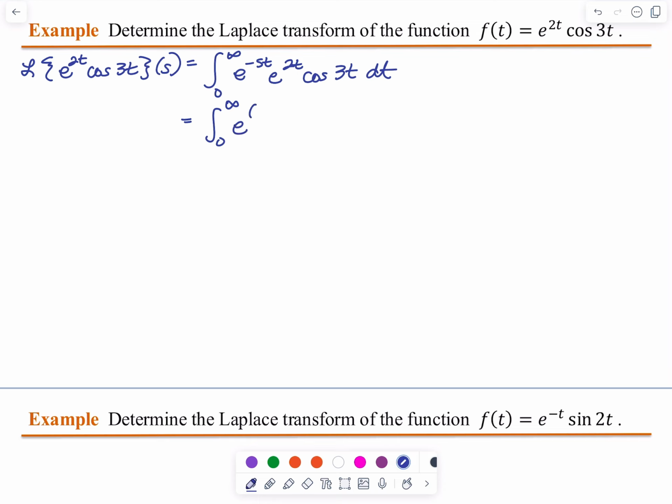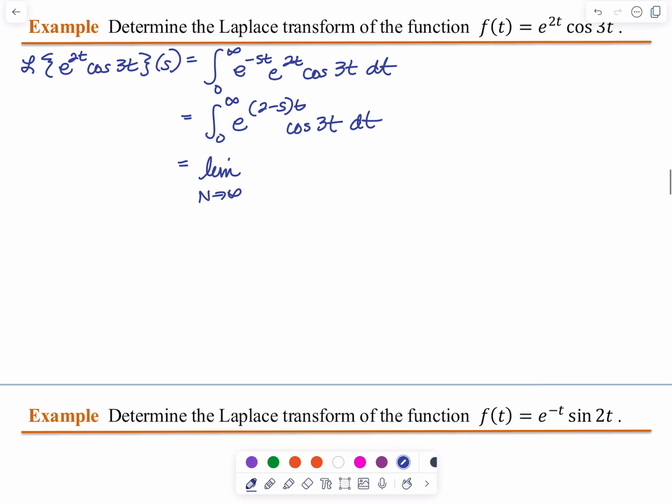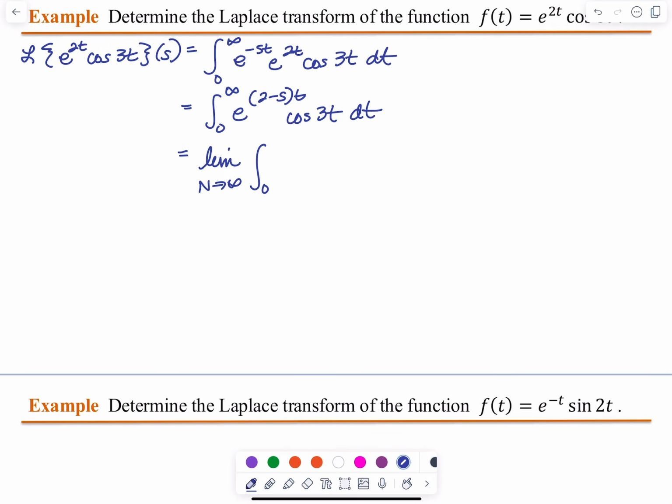And let's go ahead and combine those exponents. Cosine of 3t dt, and that's equal to the limit as n approaches infinity of the integral from 0 to n of e to the 2 minus s t power cosine of 3t dt.